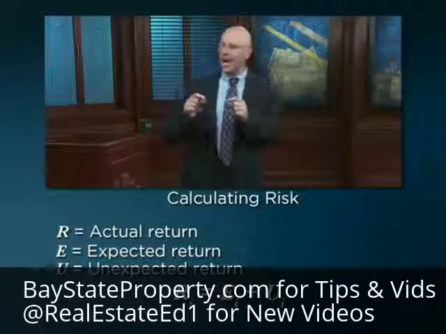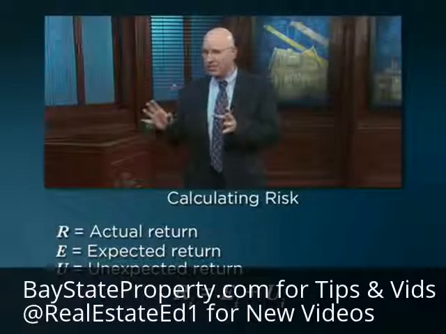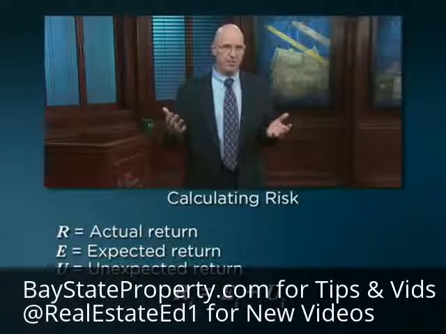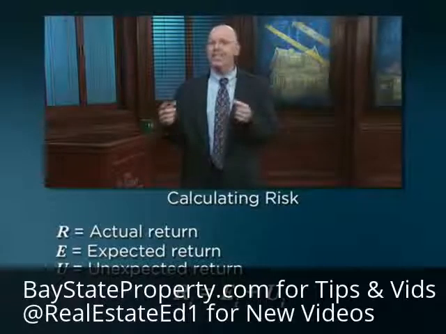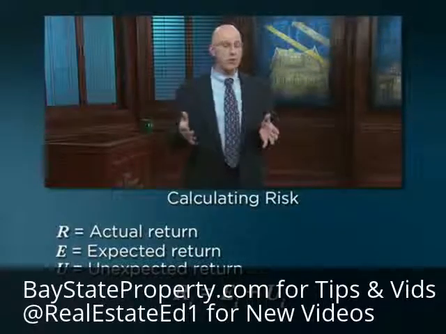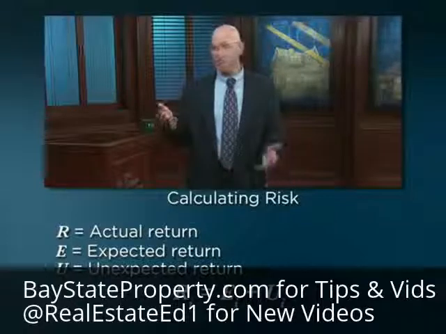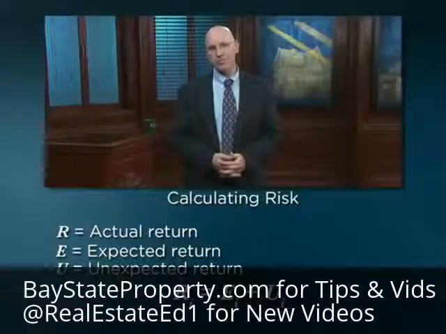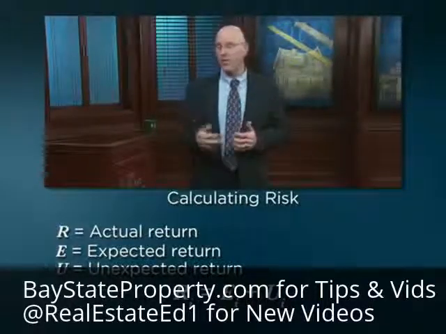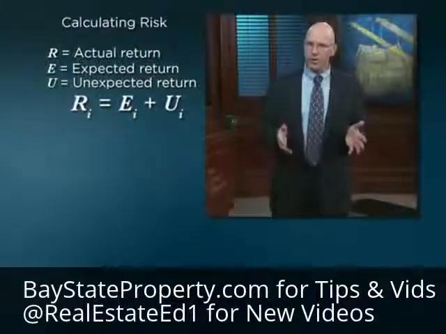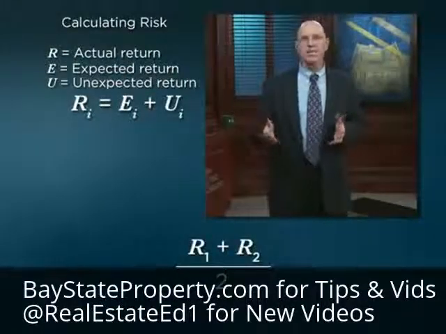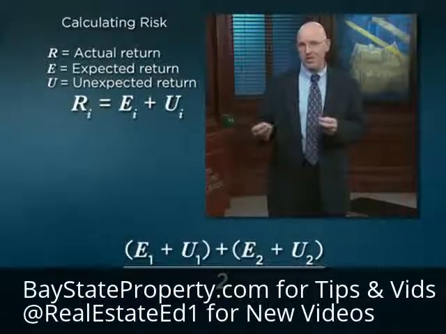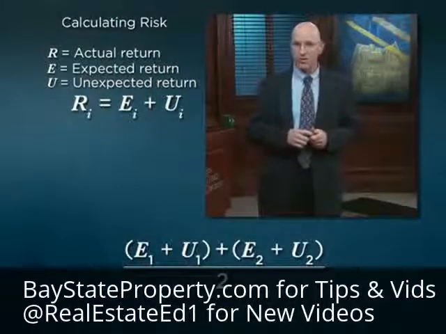But now think about adding another asset, call it asset 2, to my investment portfolio. If I assume I invest half my savings in each asset, then I can calculate the total return to my portfolio by simply adding up the returns on both assets and dividing by 2. Then my total return is given by this equation. The total portfolio return is half of R1 plus R2, which is then half of E1 plus E2 plus half of U1 plus U2.